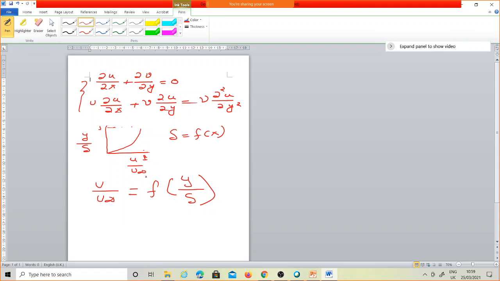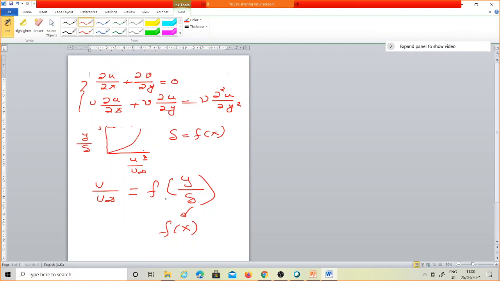And we also solved some problem where you see that u by u infinity is equal to maybe 3y by delta plus 4 (y by delta) squared, something like that, okay? And inside this one, we have y and we have the delta. But delta itself is a function of x, right? So what we can say is that u by u infinity is actually a function of x and y.